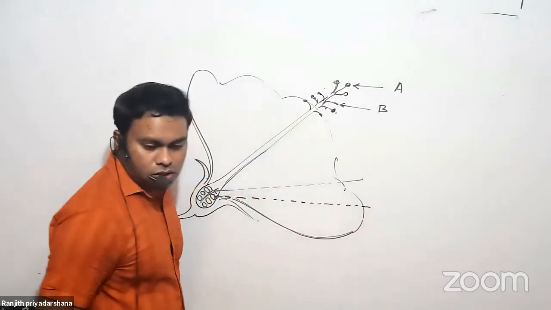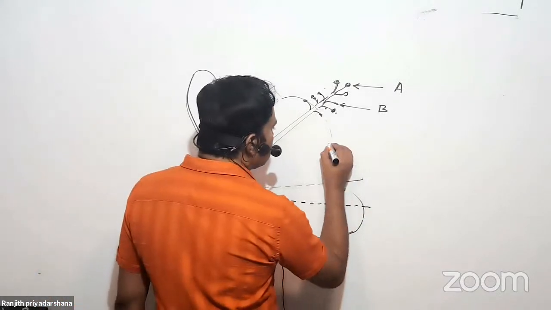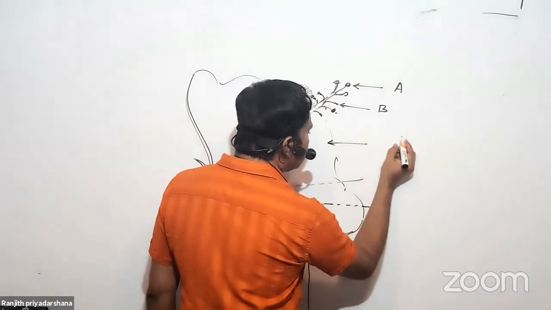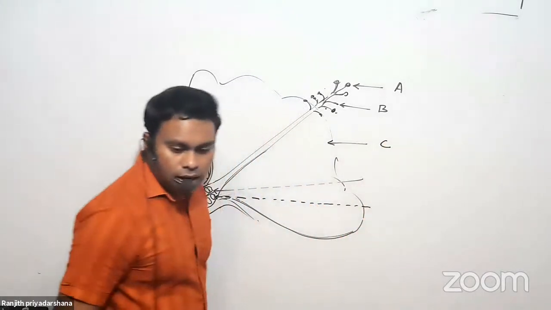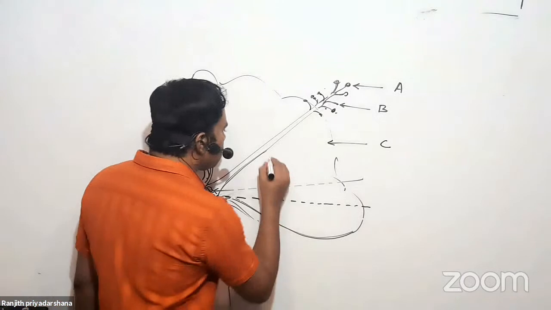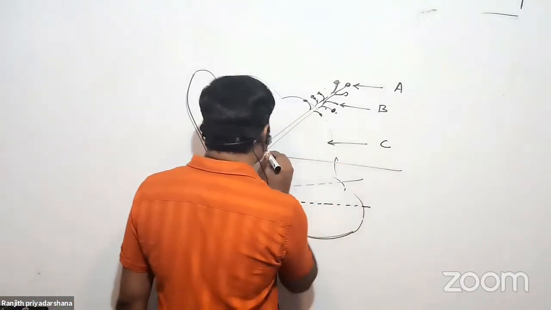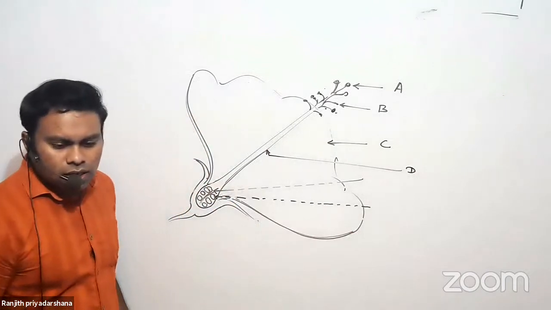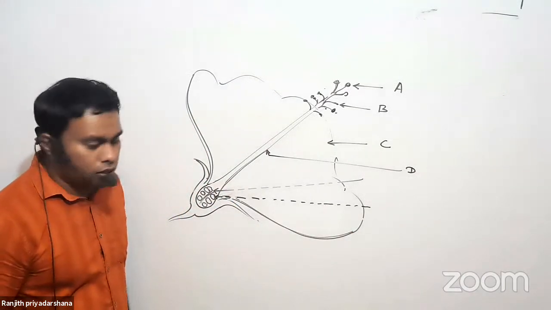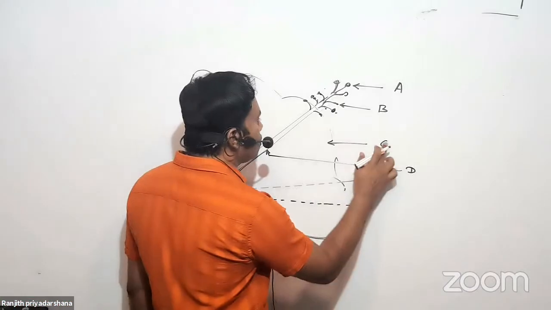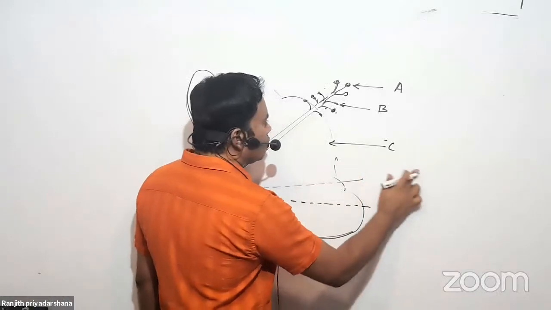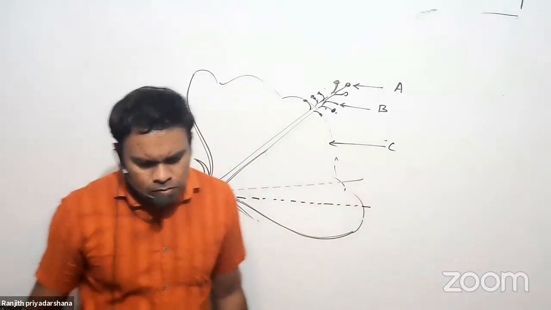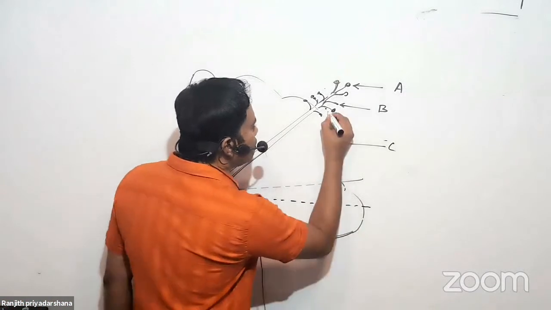Good. So that's this part, colorful petals. So that's C, and D is the structure. No, D is another one. Let's see. D has been used to point this one.